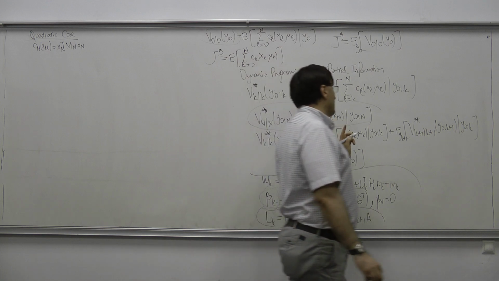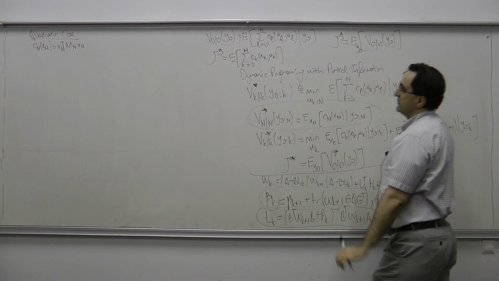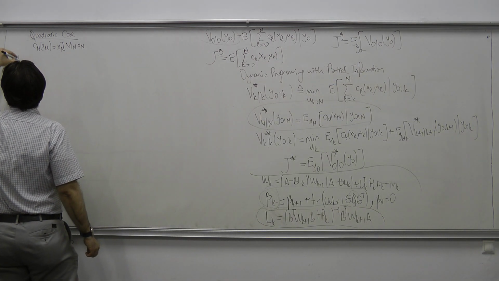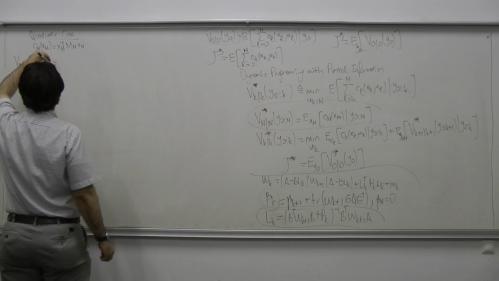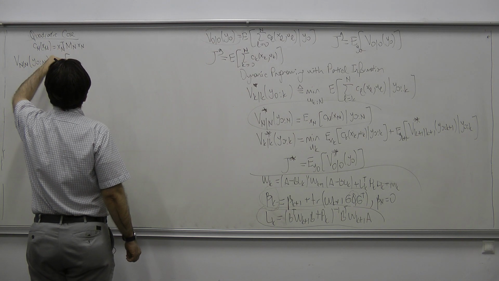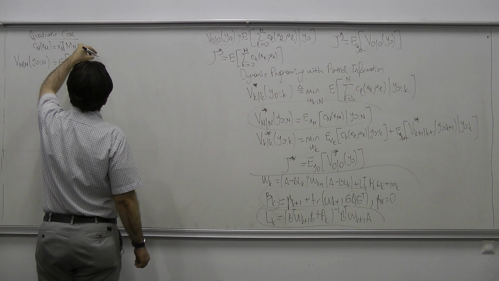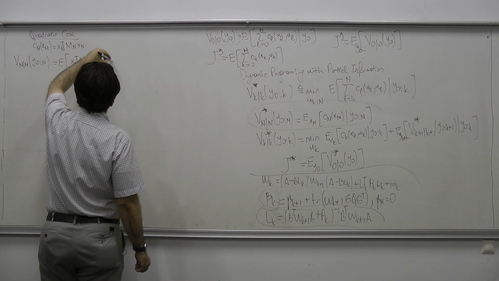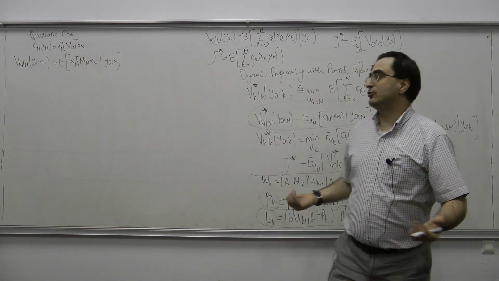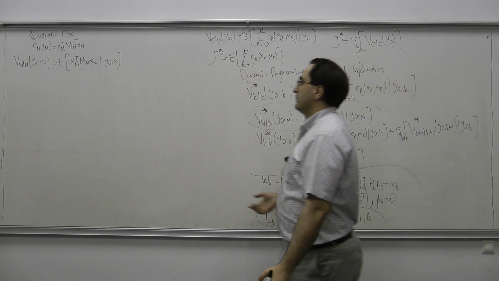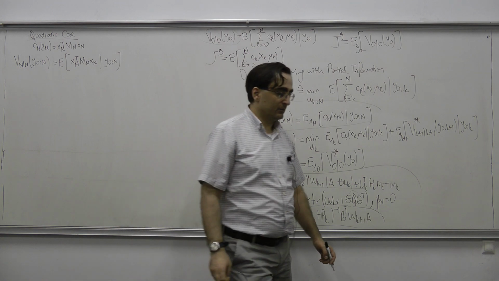Okay? Now I need to take the expectation of that quadratic form given y0n. So Vn given n of y0n is equal to expected value of xn transpose Mn xn given y0n. Now I need to take the expectation of a quadratic form with respect to xn given y0n.